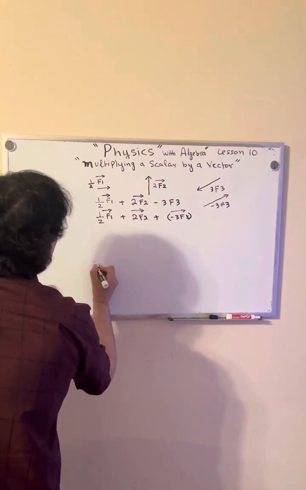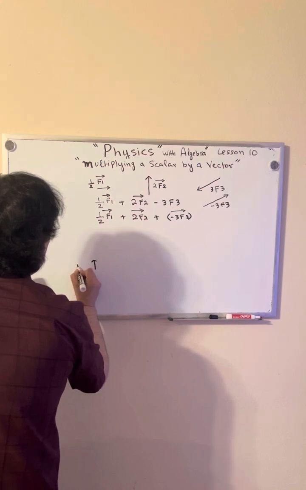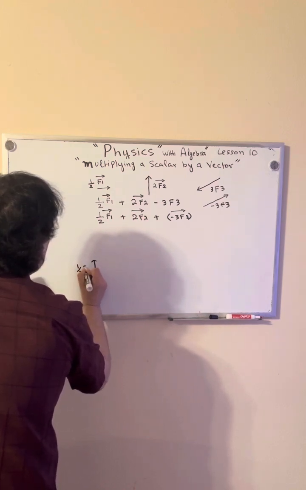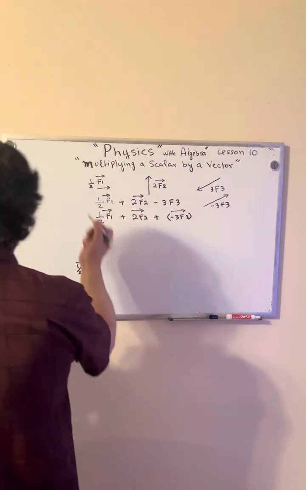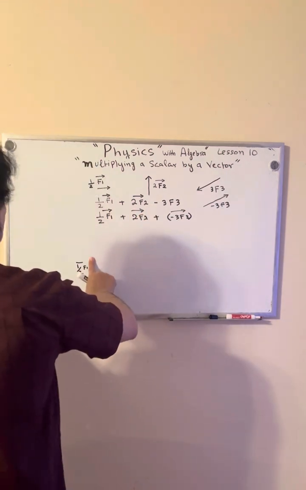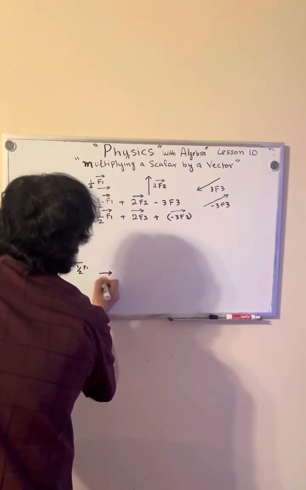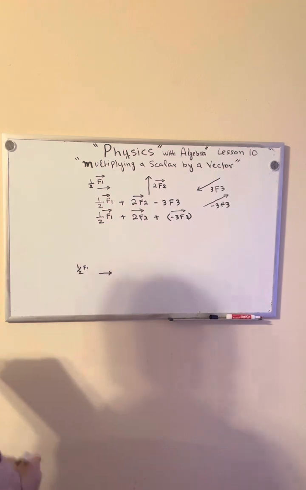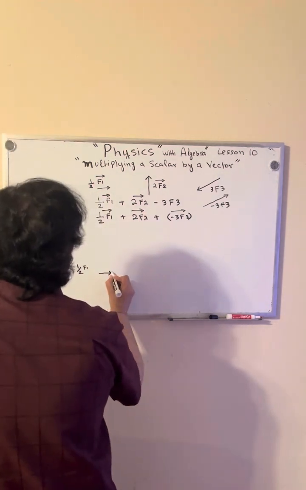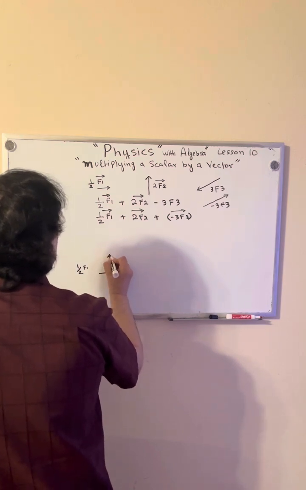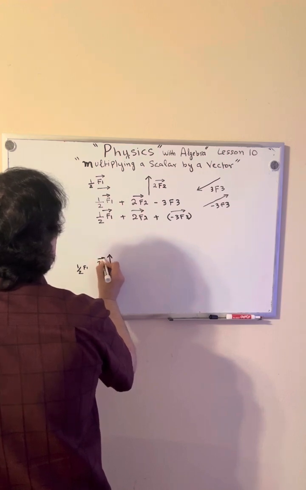Let's say we start with half F1. Then we have 2F2 vertical. Sorry, this is horizontal. So I'm going to start with this right here. This is half F1. And then I have 2F2, which is going vertical. So I go up. So that's the 2F2 vector.